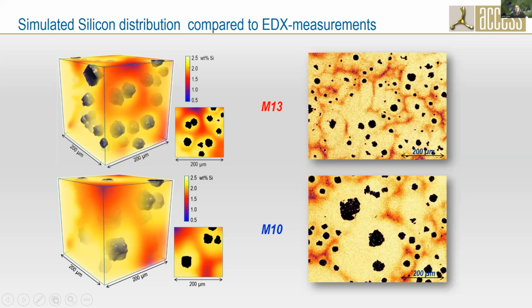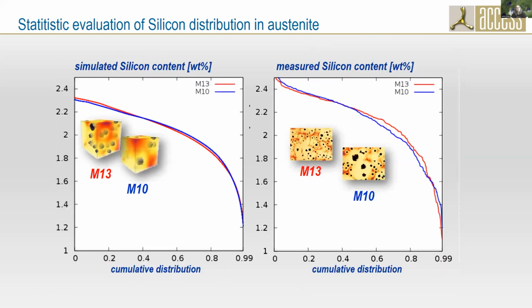You can see already that the distribution in space looks very similar from simulation to experiment. But this could also be evaluated quantitatively in a statistical way. This is what you usually call segregation analysis, where you take all the values from the field and order them by size and then plot them.